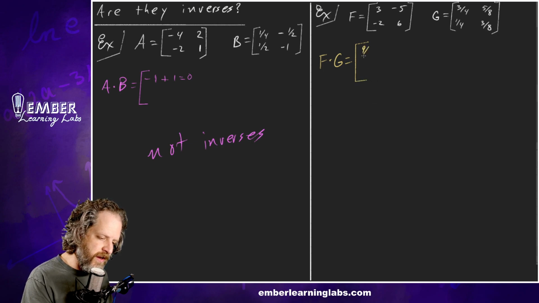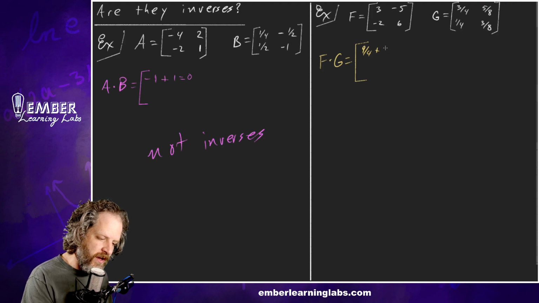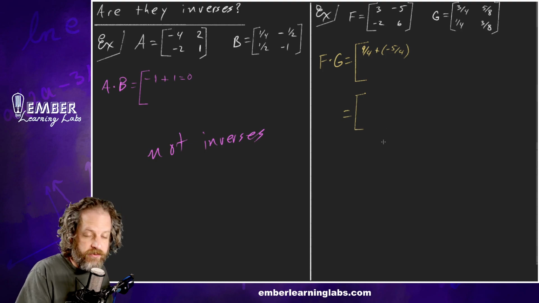So we've got 9/4 plus -5 times 1/4, which is -5/4. Let's go ahead and start checking as we go, because like we saw with this pink one over here, sometimes we can just quit, right? So 9/4 plus -5/4 is 4/4, which is 1.